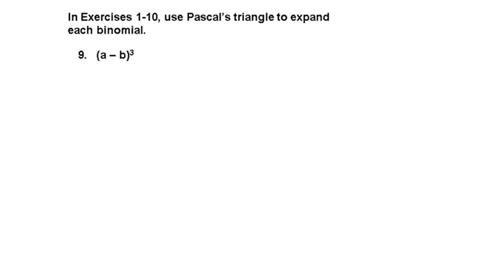And our last one in this set that we're going to work is this a minus b to the 3rd power. And so being at the 3rd power, that means we're going to have 4 terms.